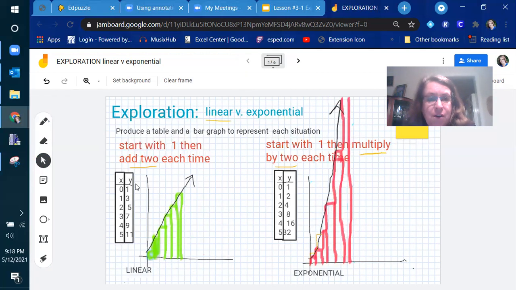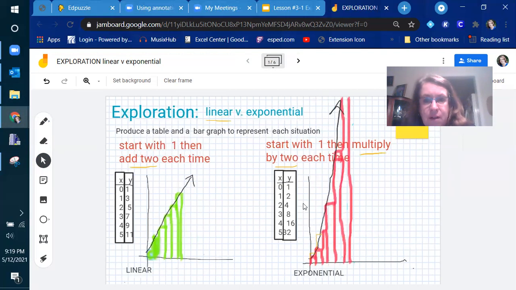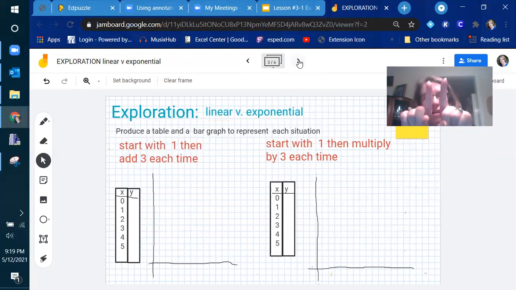So with linear, this example is adding, and this example is subtracting. Add and subtract are like flip sides of the same coin. They're partners. They're very, very much connected. And also here with the exponential, for the increasing, I'm multiplying every time. And as you multiply, it's going to get bigger and bigger and bigger. But the operation that's the partner with multiply is divide.